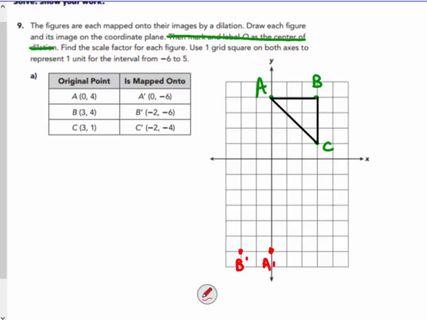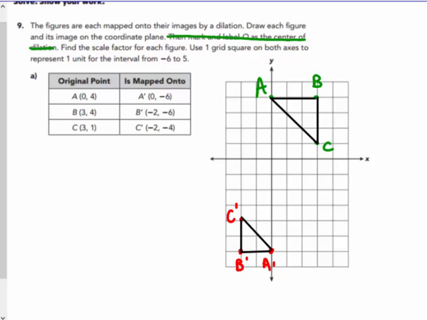And C is (-2, -4). So it definitely got smaller. So I have a scale factor that's less than 0. So I'm going to connect this triangle's sides using a straight edge or a ruler, please.